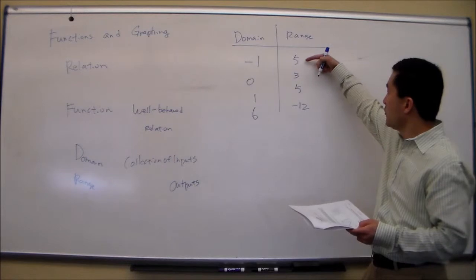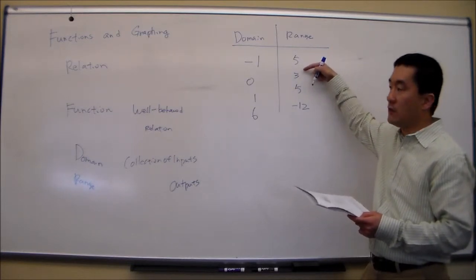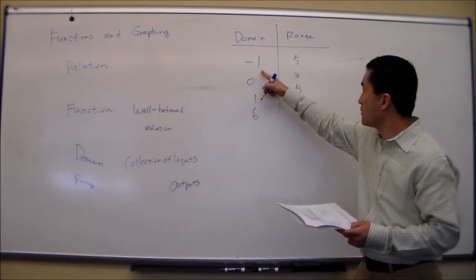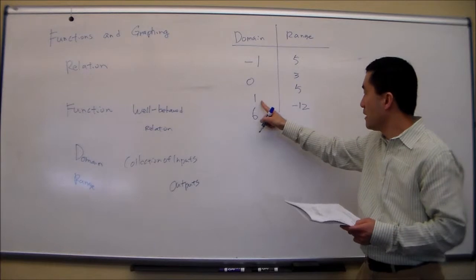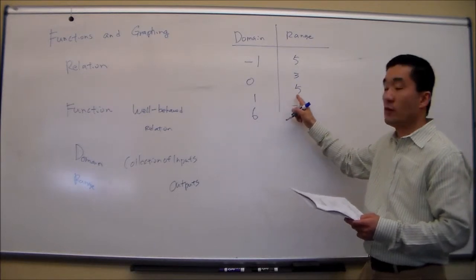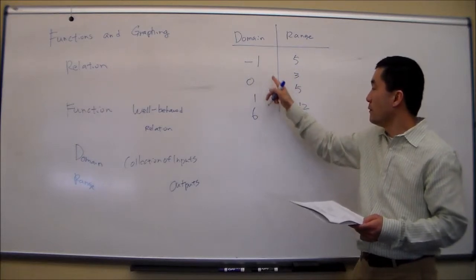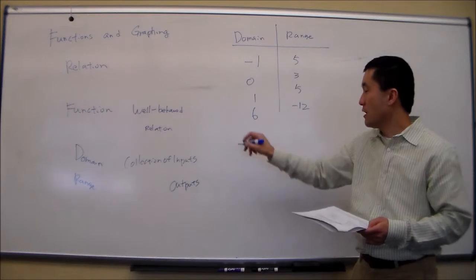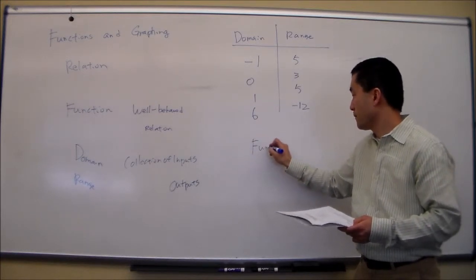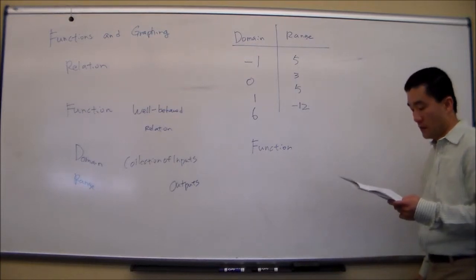And you might notice there are duplicates, the 5 and the 5. It is okay to have duplicates in the range because -1 has one output which is 5, and the 1 has one output which happens to be 5 at the same time. It's like saying two different people with the same height. That's okay. So this is the function and the relationship. So that's how you tell the difference between the relationship and the function.